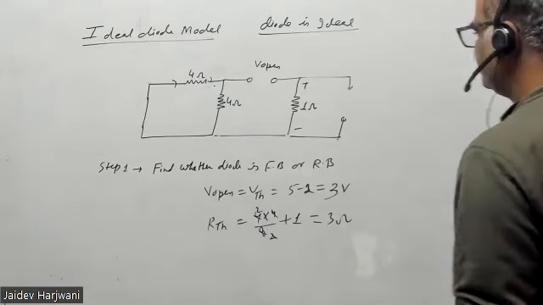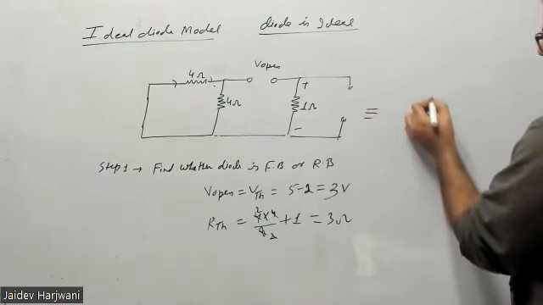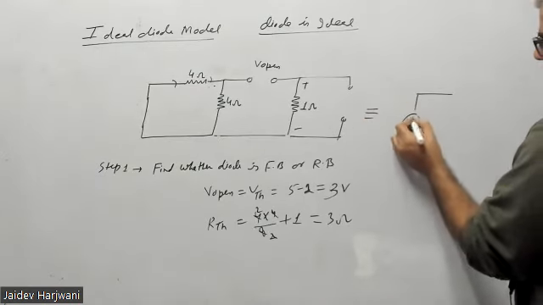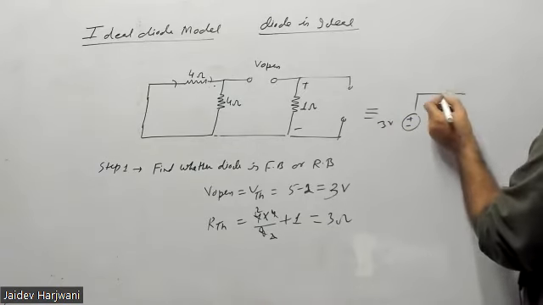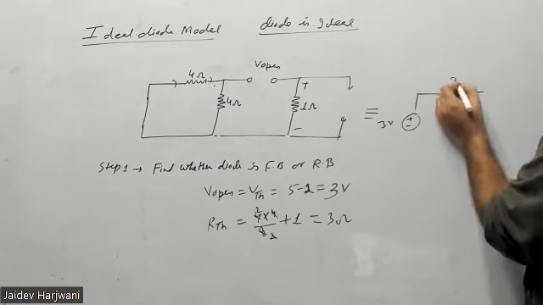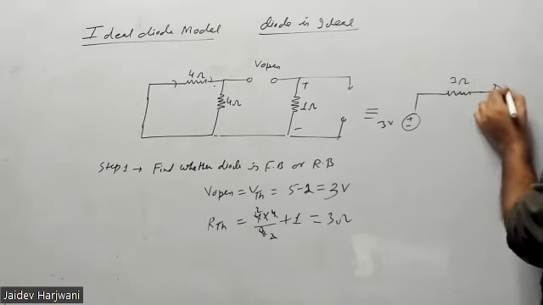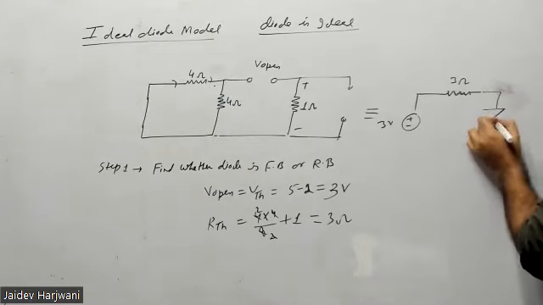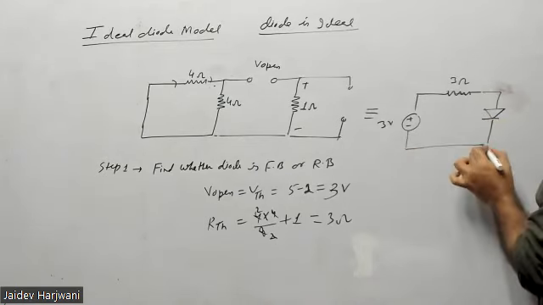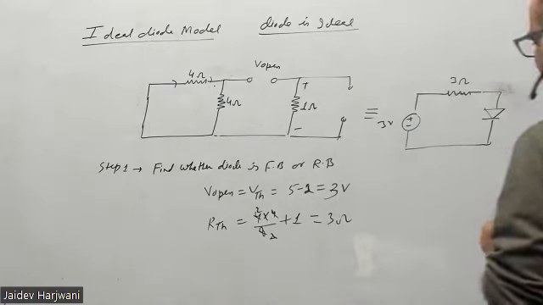So the simplified circuit will be what? You will have V Thevenin, that is 3 volt, and then a R Thevenin of 3 ohm, and then you keep the diode here. Basically this is your circuit now.